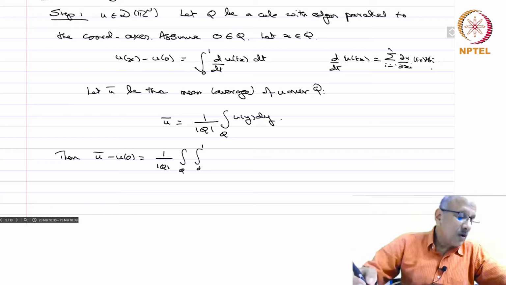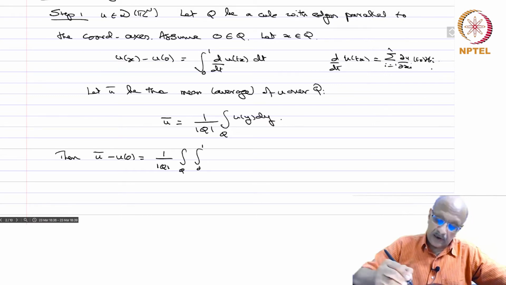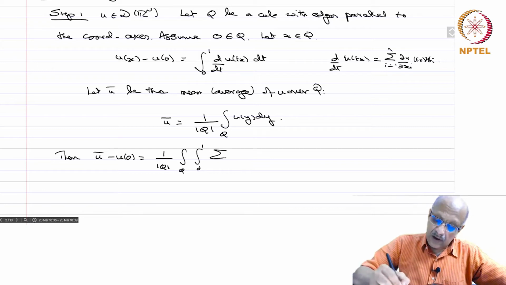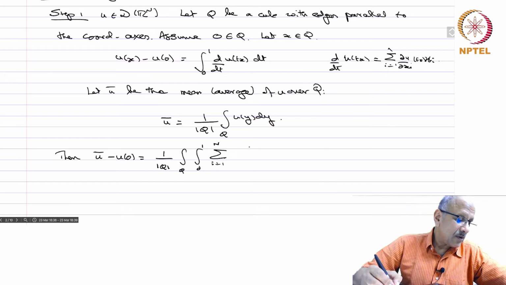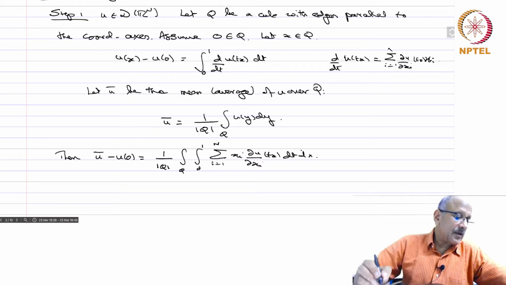Okay, so that is the thing, and therefore I am going to write this equal to sigma integral over Q integral, sigma i equals 1 to n of x_i du/dx_i at tx dt dx.